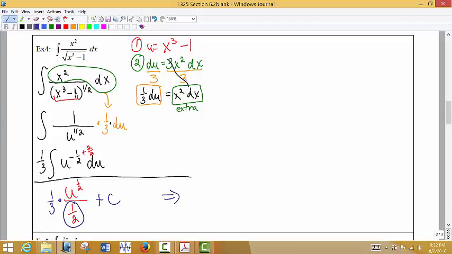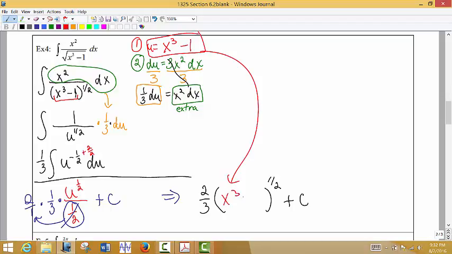Before I do that, I'm going to rewrite the denominator here. I'm going to multiply by the reciprocal just to make this look a little bit nicer. So I'm going to multiply by 2 over 1. So finally this gives me 2/3 times u to the 1/2 power plus c. And what is u? U is represented by x cubed minus 1. So this is my final answer for example 4.